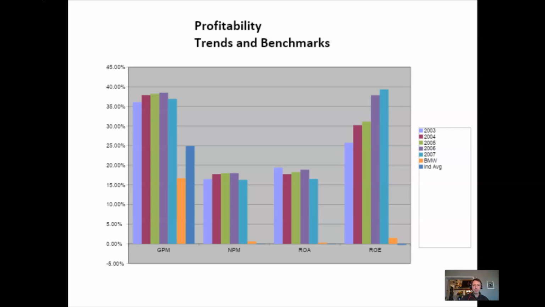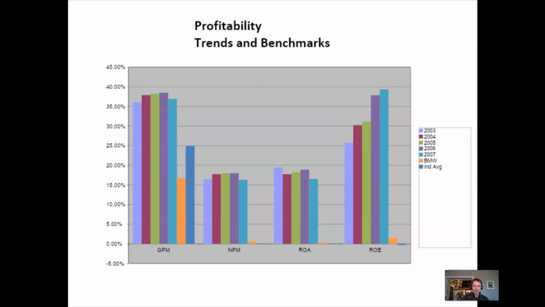I have here both trend and benchmark data on the same graph. The orange is BMW. The blue at the far right, if available, is the industry average. And so we're well above the gross profit margins of both BMW, our nearest competitor, and industry averages.